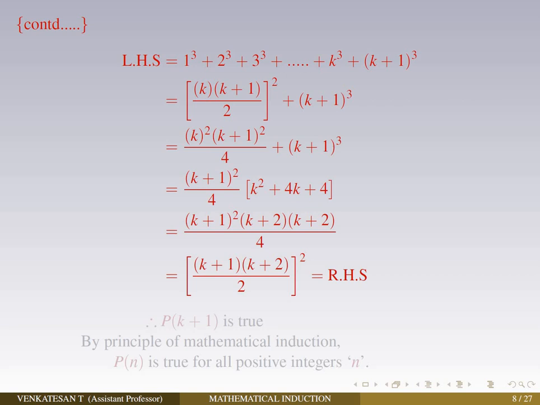By taking LCM and doing simplification, I will be getting ((k plus 1) into (k plus 2) divided by 2) whole square. This is my required right hand side. Therefore, P(k+1) is true. By the principle of mathematical induction, P(n) is true for all positive integers n. Thank you.